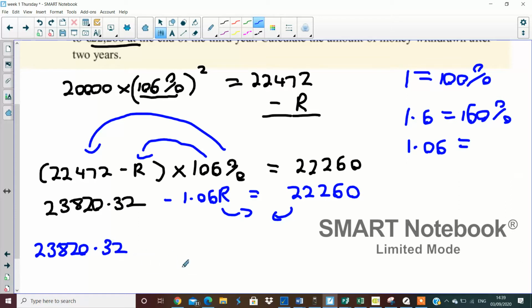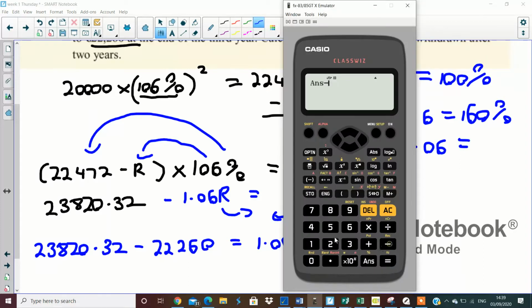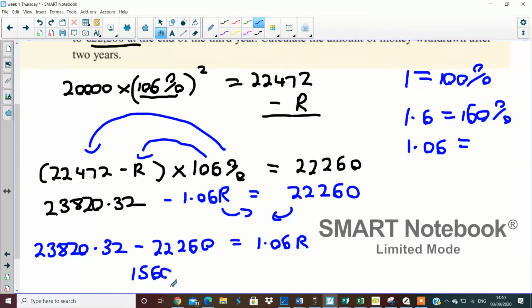This one, take away 22,260, then equals 1.06 R. Take the two of them away from each other, and we get 1,560.32.